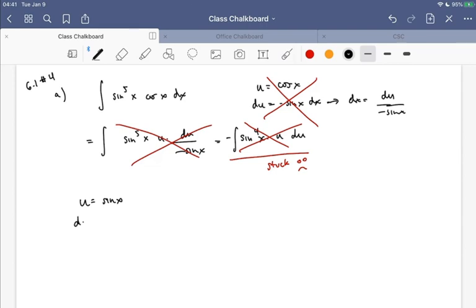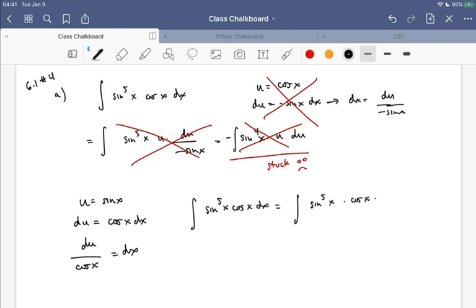Okay, the derivative of that is cosine. So du, sorry, need coffee. So that's dx, right? du over cos x, just solve. And so the original integral is going to be, well, we've got sine to the fifth of x times cos x. dx is du over cos x.